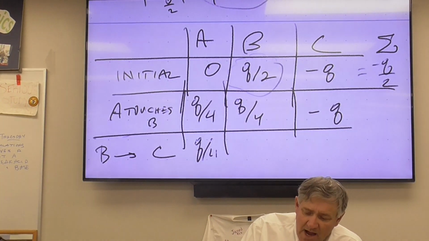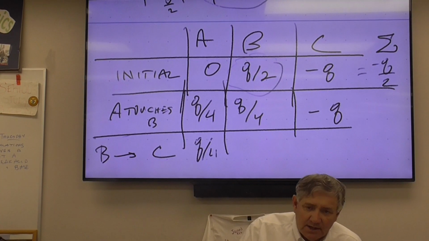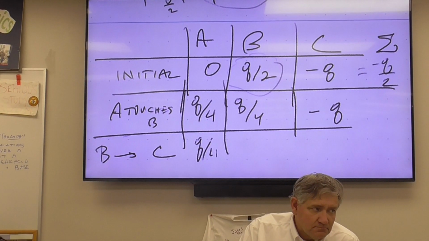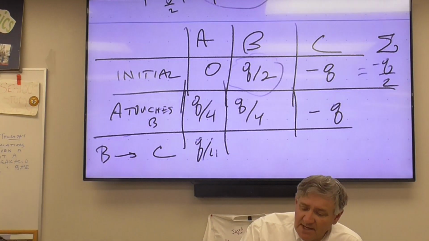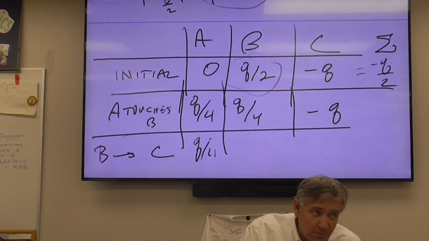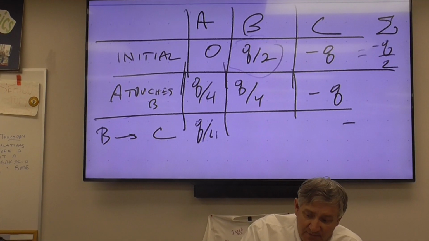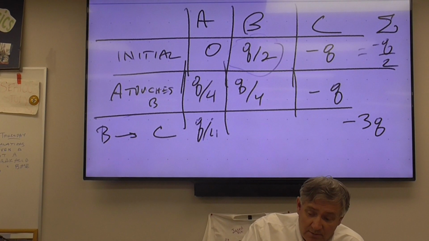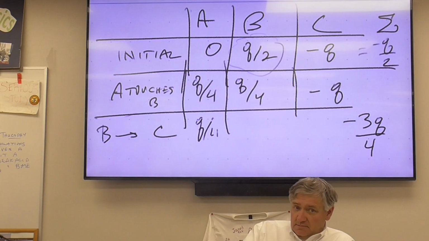So now, how can I find the charge distribution between Q over 4 and negative Q? Add them together and divide by 2. If I take negative Q and add that to Q over 4, what do you get? Negative 3Q over 4. Everybody cool with this?